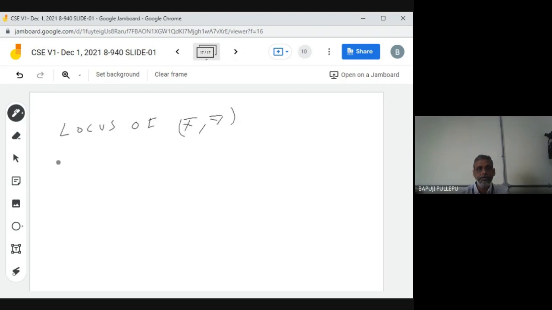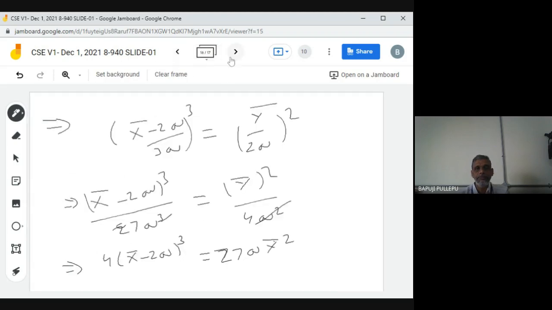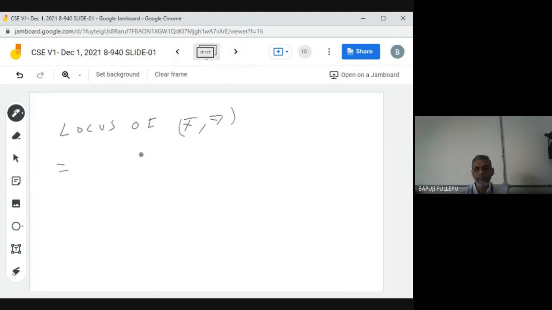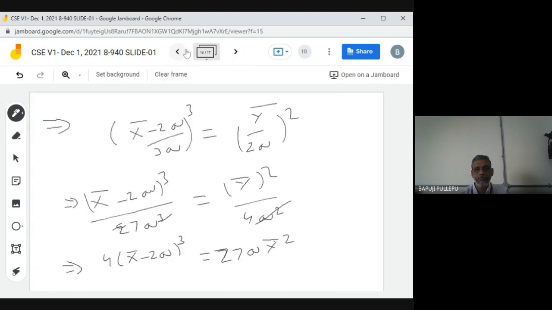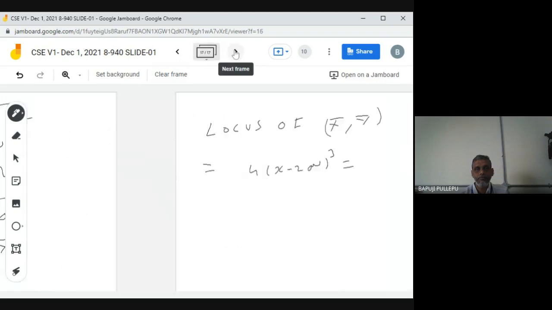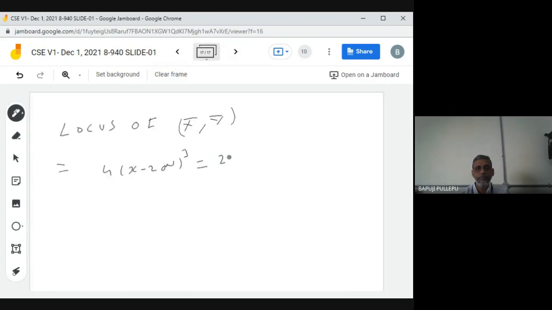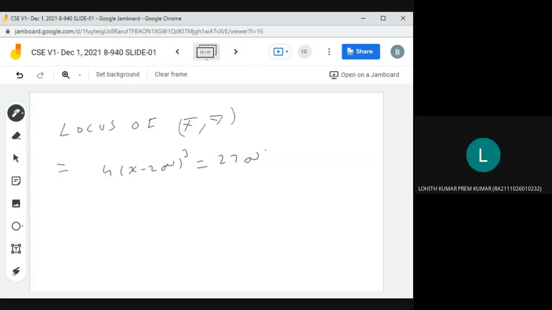Locus of x bar, y bar is equal to what? Everything. Good idea, sir.